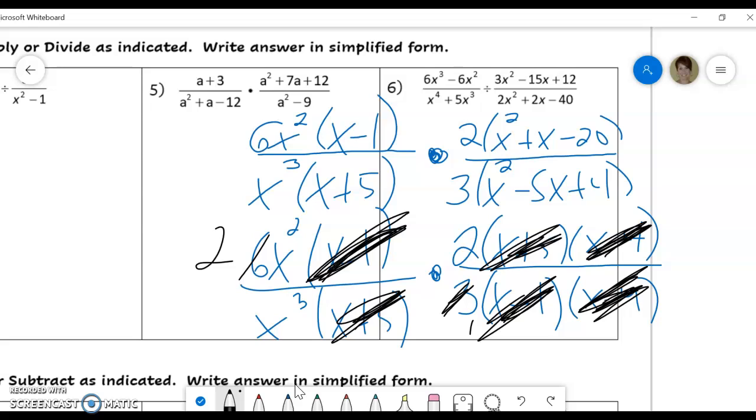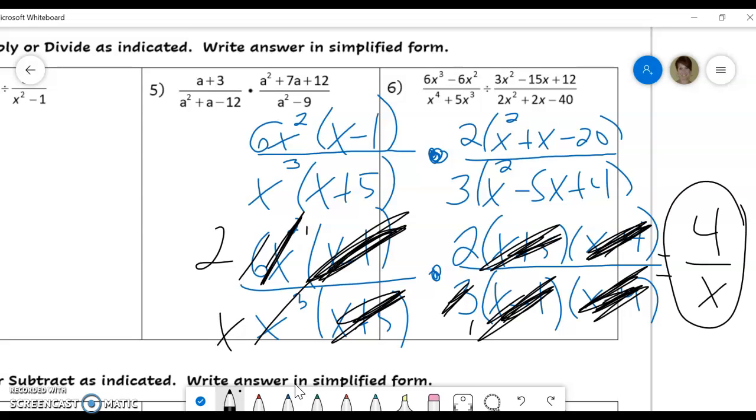And then we have x squared goes into itself one time, and then we would have an x left. So I'm going to write our final answer over here. So on the top, it looks like we literally just have a 2 times 2, which is 4. And on the bottom, we just have x times 1. So that big old ugly problem simplifies to cute little 4 over x.